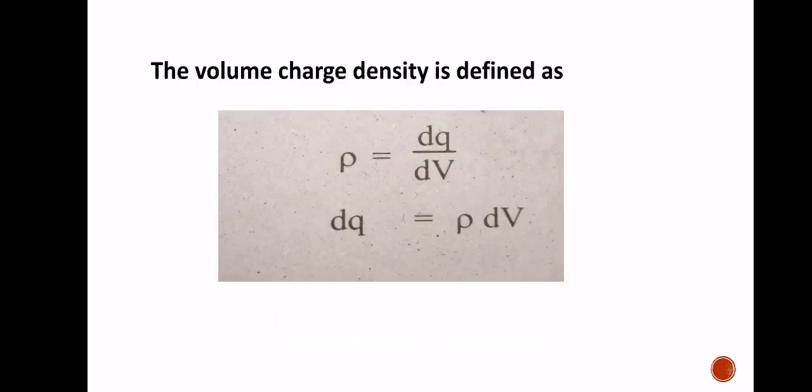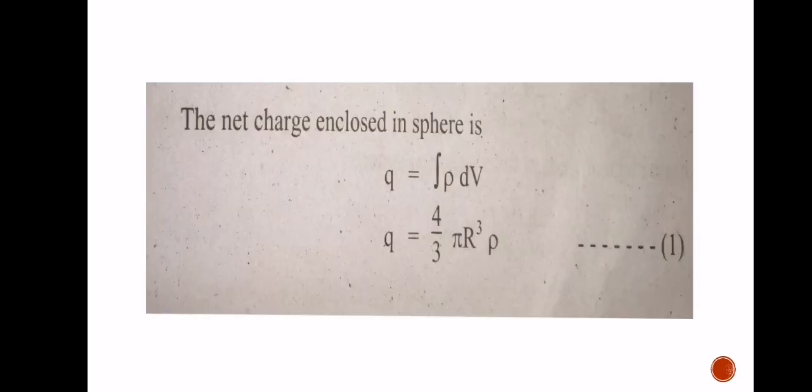The volume charge density for this small volume element is rho is equal to dq over dV, then dq is equal to rho into dV. The net charge enclosed in the sphere is q is equal to integral rho into dV, that is Q is equal to 4 by 3 pi R cube into rho, that is the charge enclosed in the sphere.